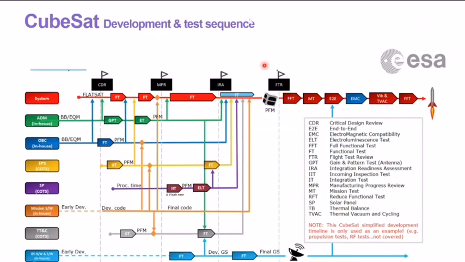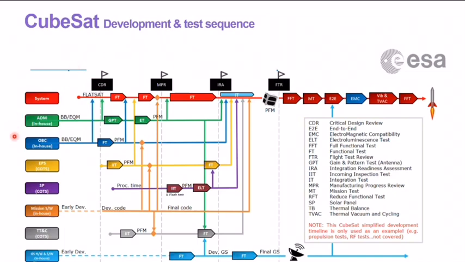Okay, so I would skip this slide for the time being because it gives you an overall summary of how the design and testing procedure for a CubeSat works. But I would definitely want to elaborate on this particular slide, this design philosophy, in upcoming seminars.